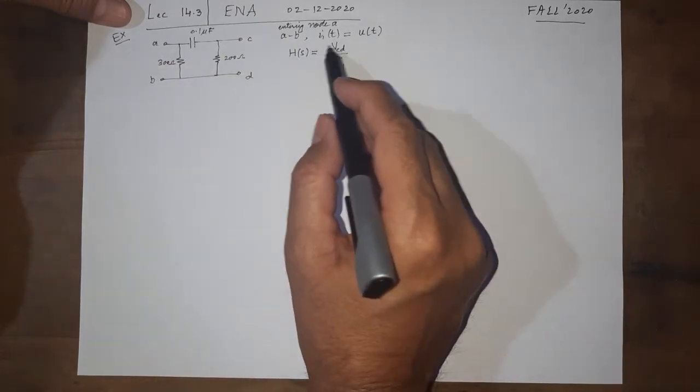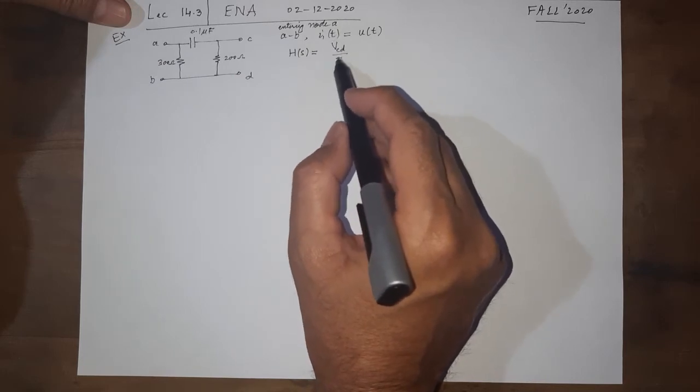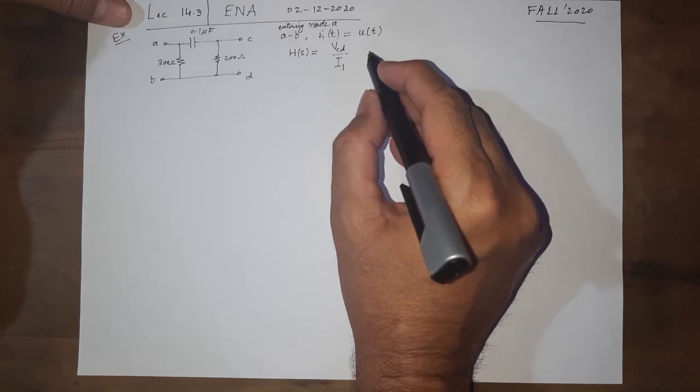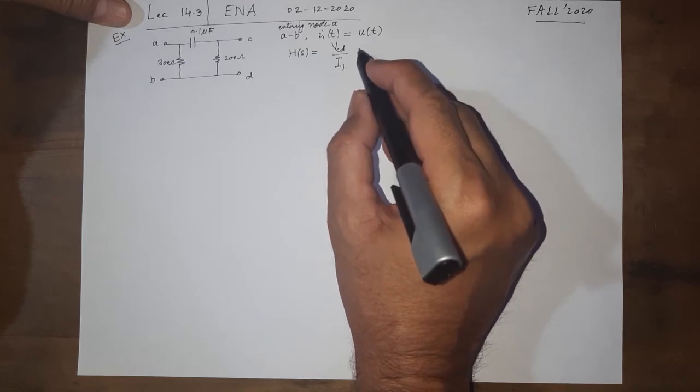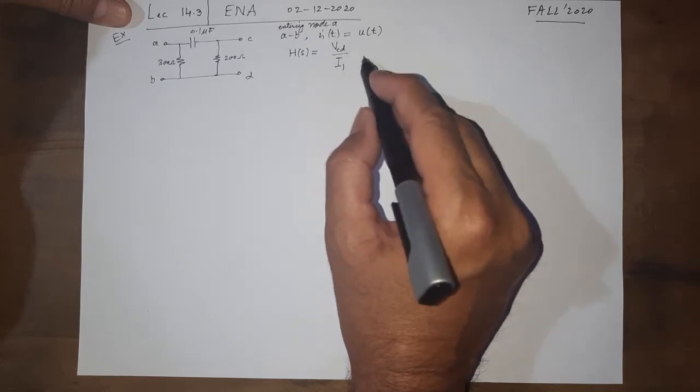So here you can see that the transfer function is a ratio of voltage and current. In a way, this would have units of impedance, because this is voltage over current.